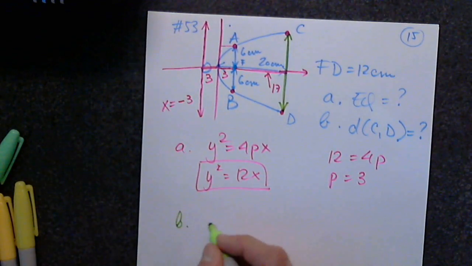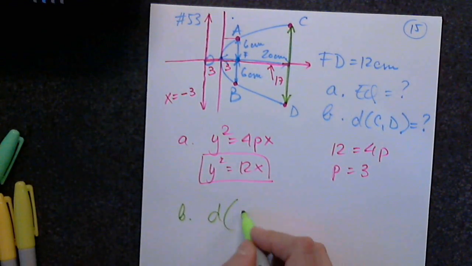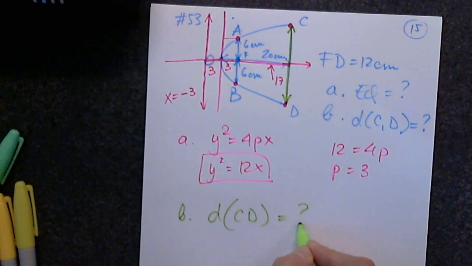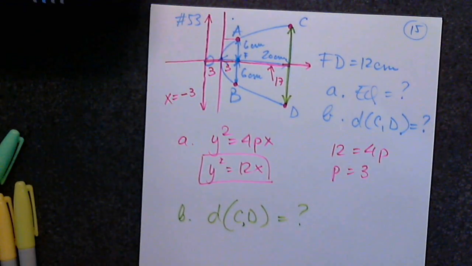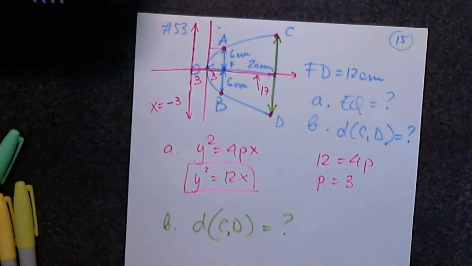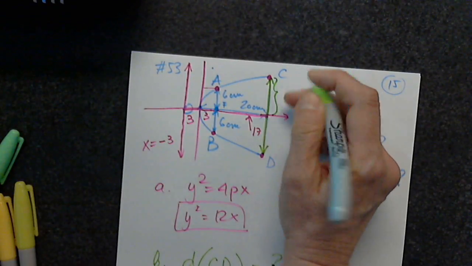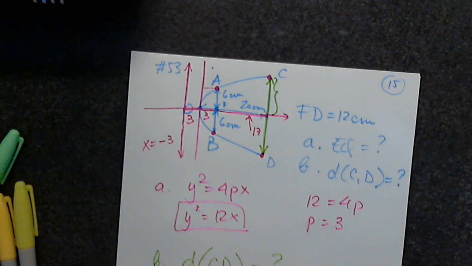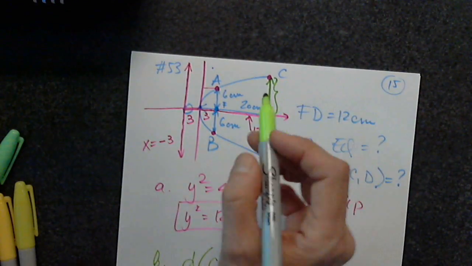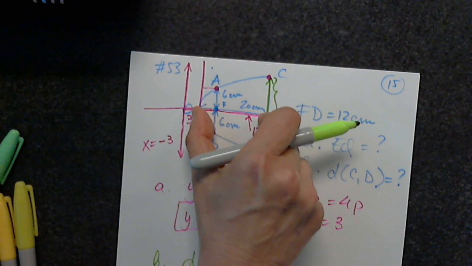So in part B, I'm asked to find the distance, or the measure of the diameter between C and D. So I need to determine this piece, and I will definitely multiply by 2 because the parabola is a symmetric figure. So I know that this is exactly 20 units away.